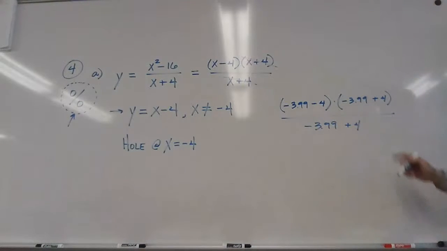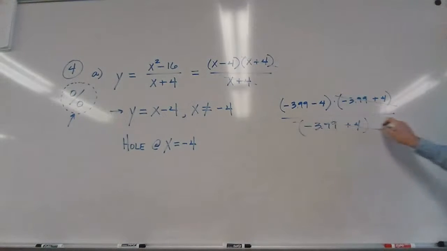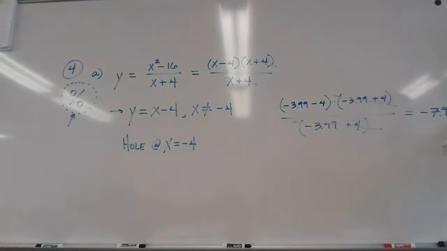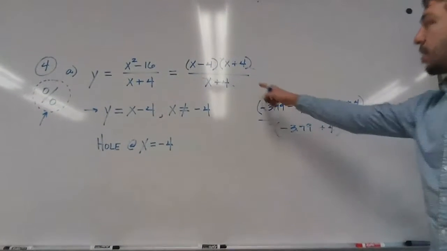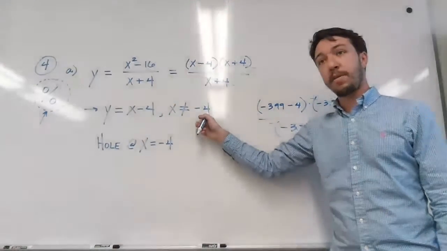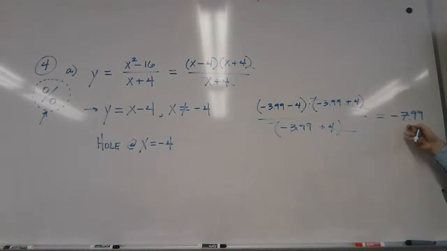But wait a second. That divided by that is 1. And what I'm left with is negative 7.99. So what that tells me is that if I pick a number very close to negative 4, the forbidden number, my y value would be awfully close to negative 8.